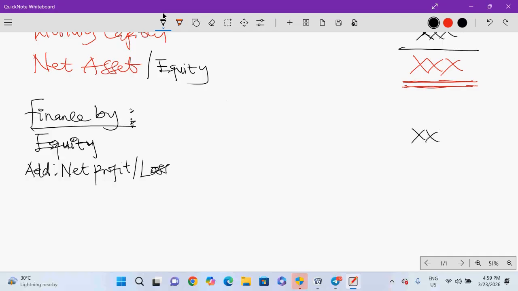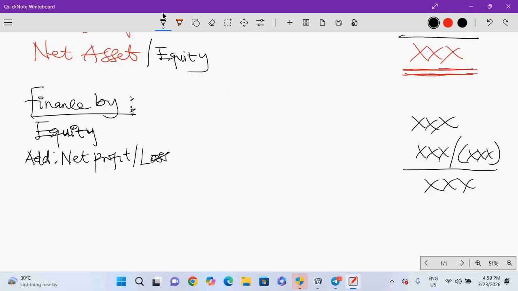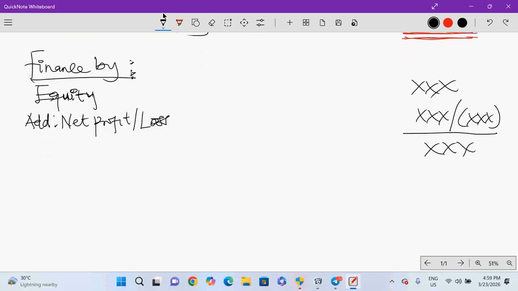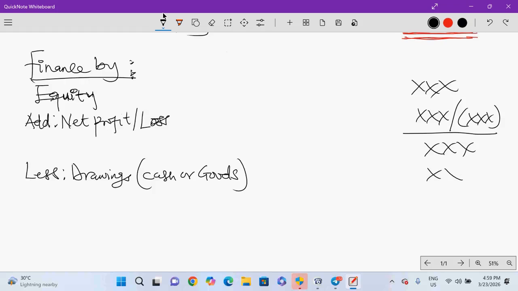So here we bring it here directly. If it is a loss, it will be in brackets. What do we do next? We less the drawings. Drawings may be cash drawings or goods drawings. You add the two of them, and you are going to less them here.